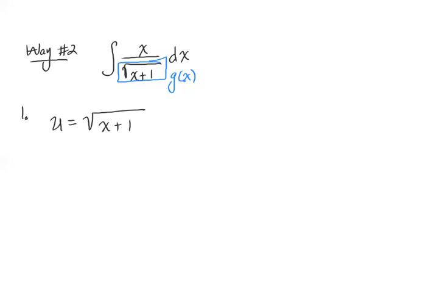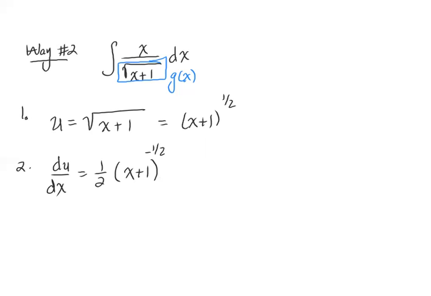I can use that to find du. du/dx is equal to the derivative of the square root of x plus 1, which I can write as x plus 1 to the 1/2, as you know. So the derivative is 1/2 times x plus 1 to the 1/2 minus 1, which is negative 1/2 power, times the derivative of x plus 1, which is 1.